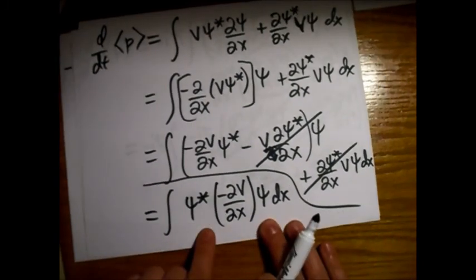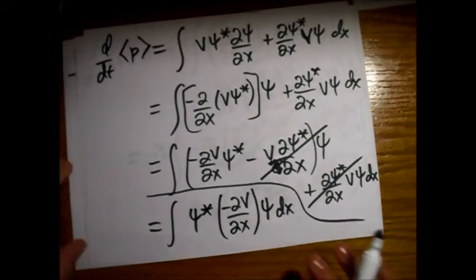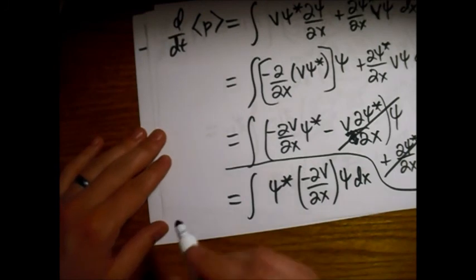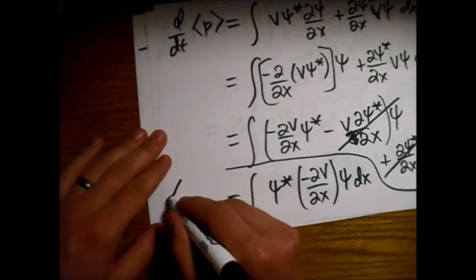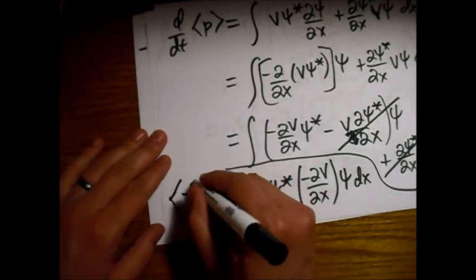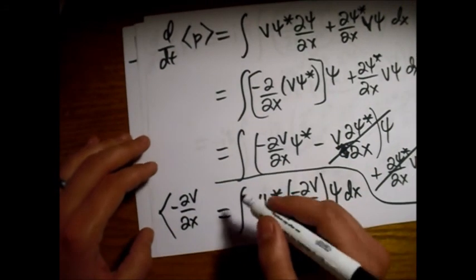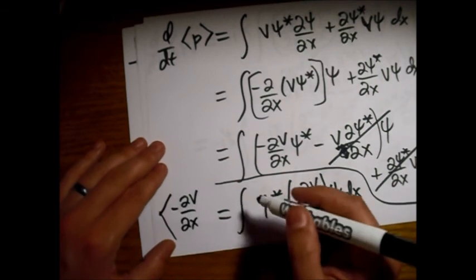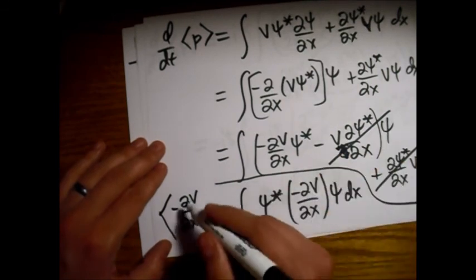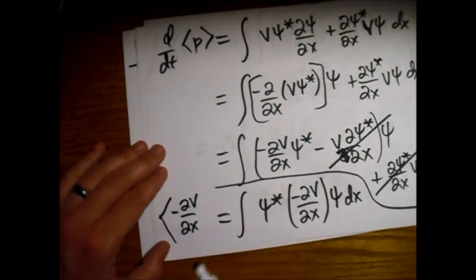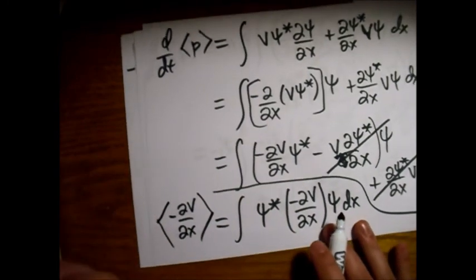All right, so what we see here is what we came looking for, which is the expectation value of the negative derivative with respect to x of the potential right there.